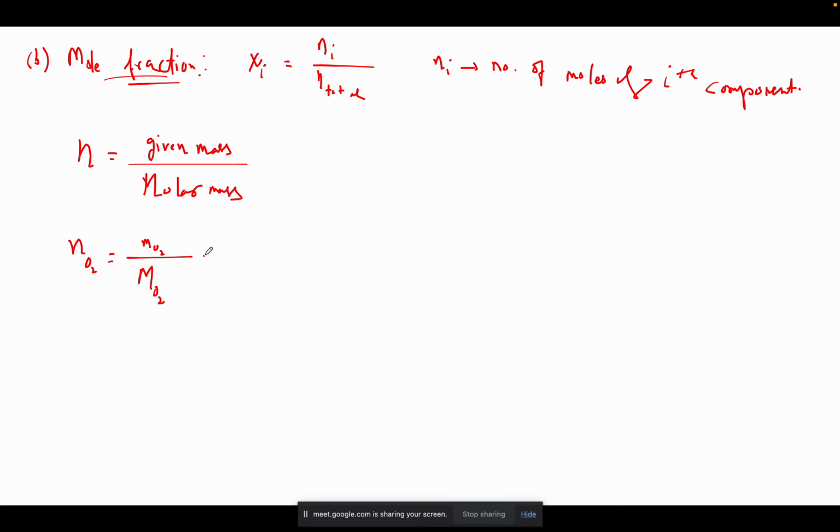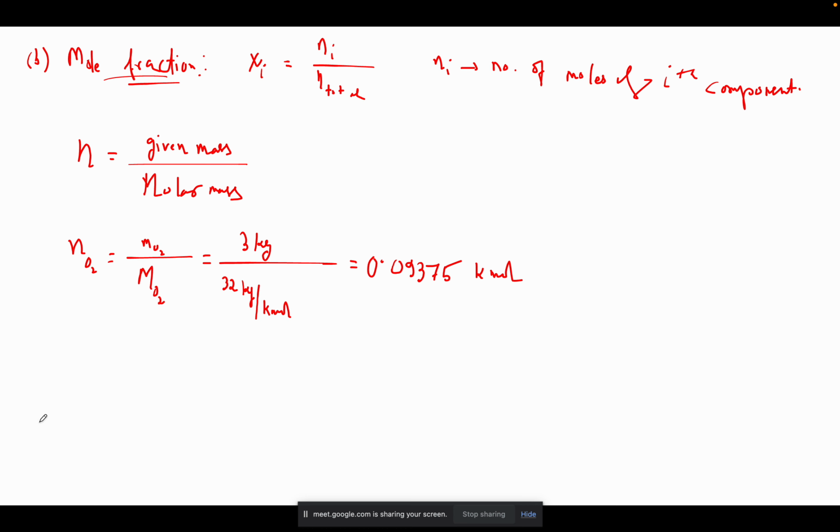Given mass of oxygen is 3 kg and molar mass of oxygen is 32 kg per kilomole. So that will be 0.09375 kilomoles.